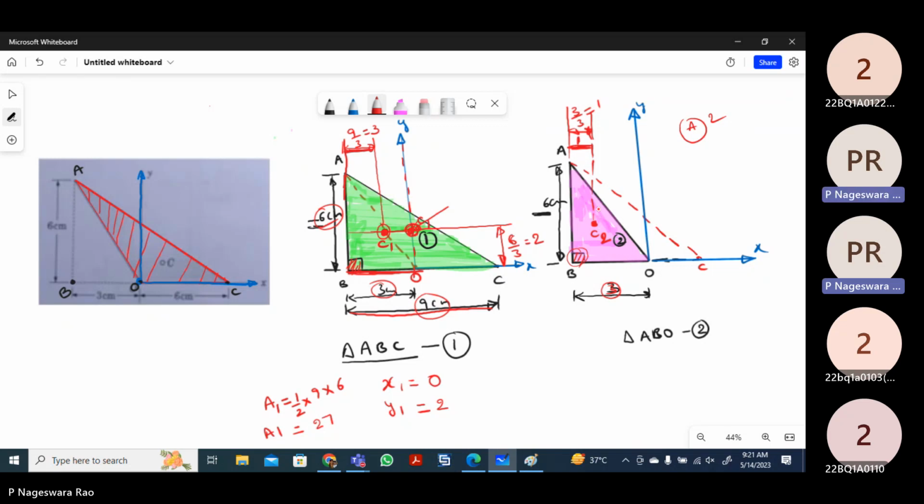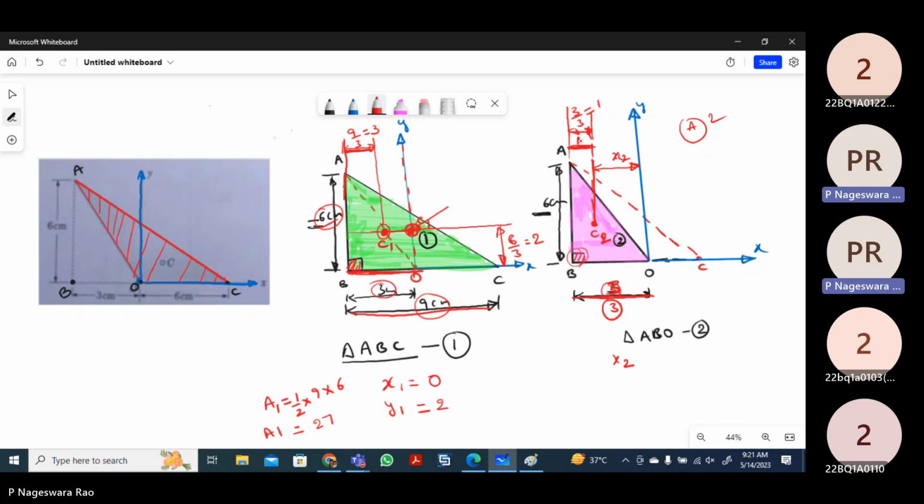But what we require is the x2 coordinate, which means we need the distance from the origin, that is from the y-axis, to this C2. The meaning of x2 is this distance. We know that the total distance is 3 centimeters.